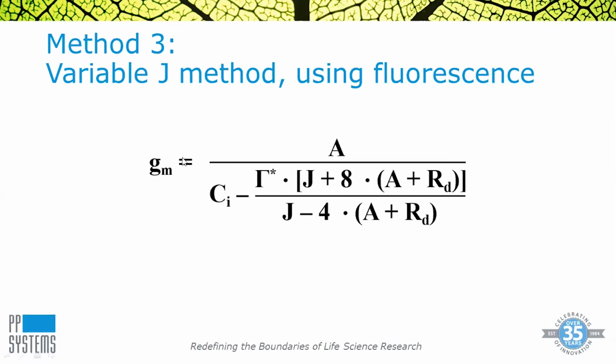The trick is that we can measure assimilation rate, and the gas exchange will give us CI. We either use a modeled value for gamma star, or we can actually go and measure it, and the same with RD.